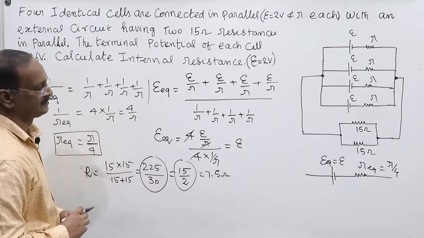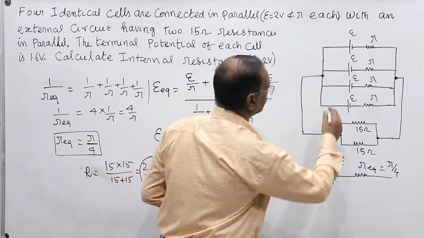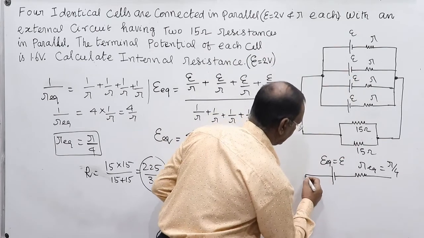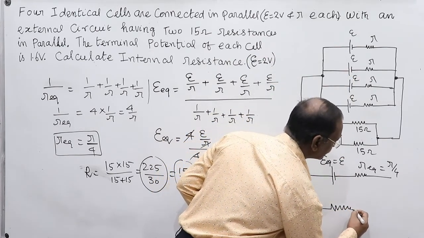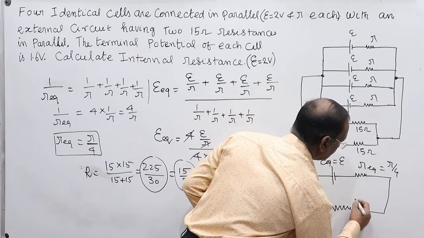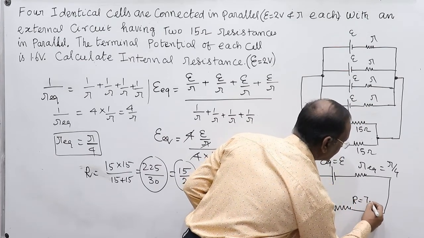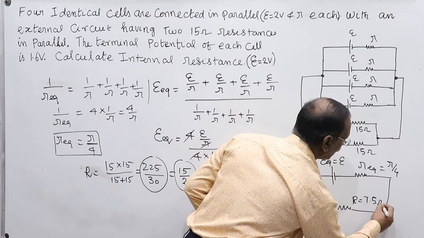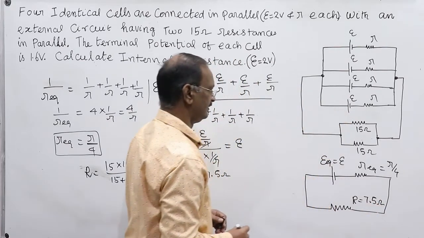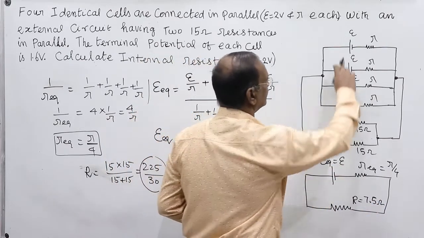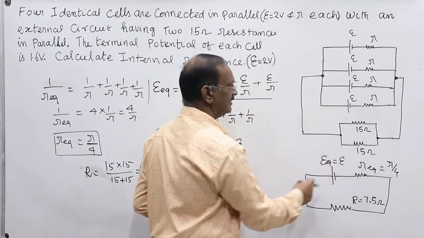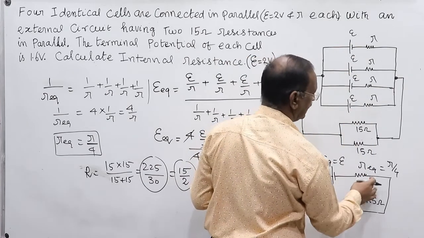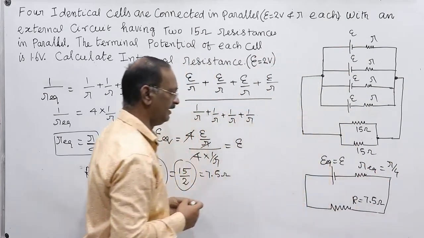So the external resistance R is equal to 7.5 ohm, where the equivalent EMF for this 4 parallel cell circuit is equal to the EMF of a single cell, and R equivalent is equal to R by 4.